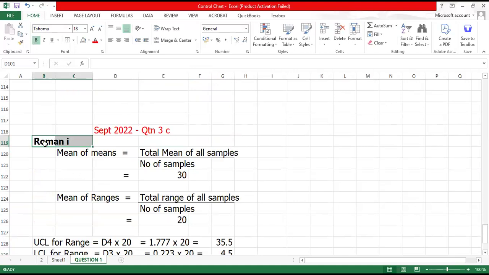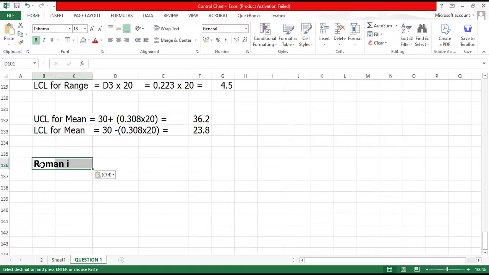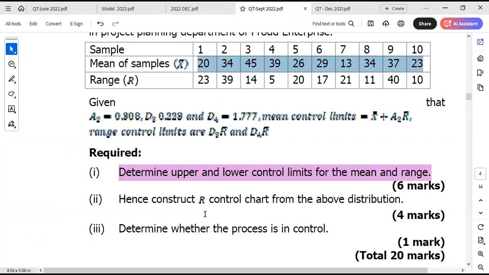Roman 2. Roman 2 is about what? We are told to construct a chart, that is the range chart.